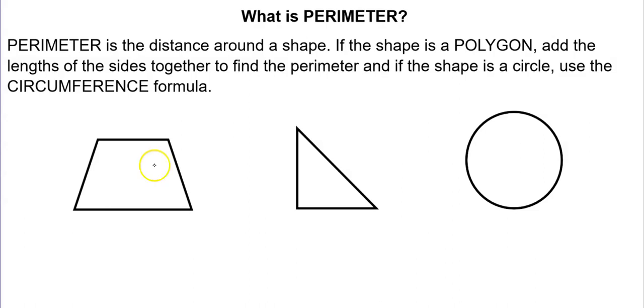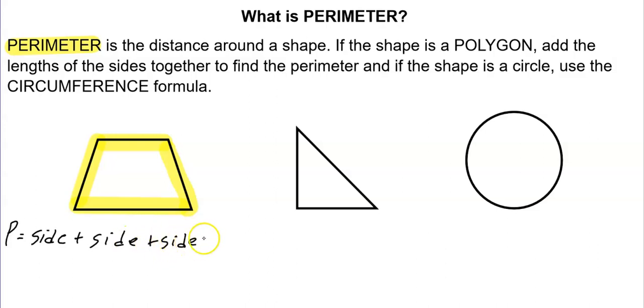Perimeter is the distance around a shape. If you take all the sides and add them together, you will get the perimeter. So the perimeter of this shape is going to be side plus side plus side plus side, because there are 4 sides.